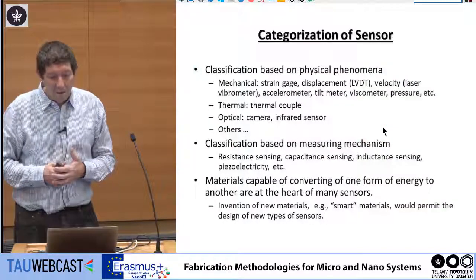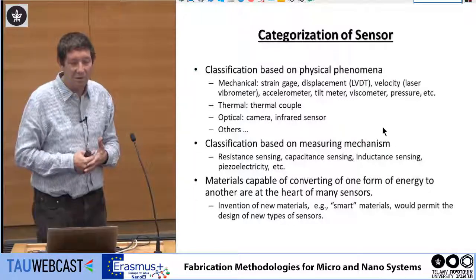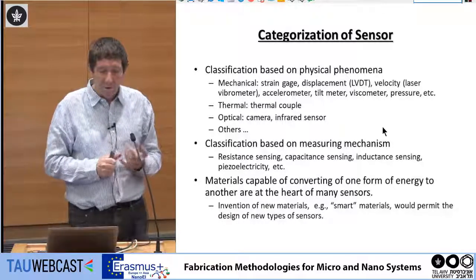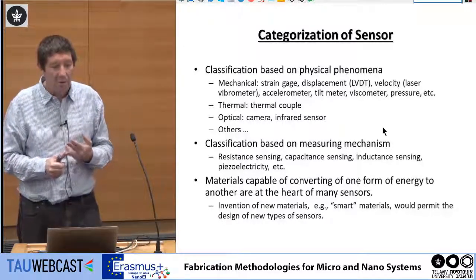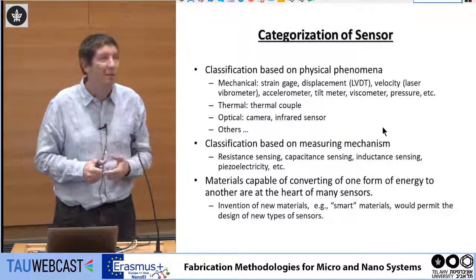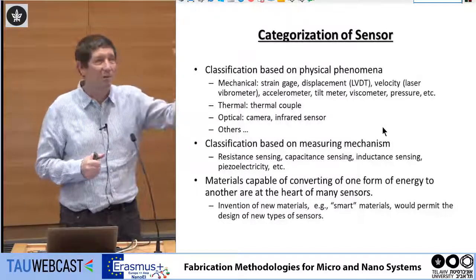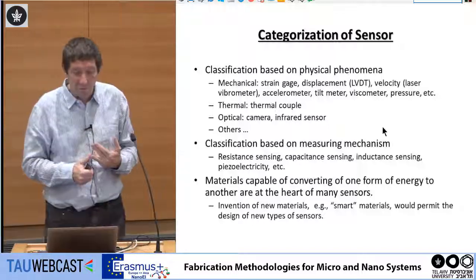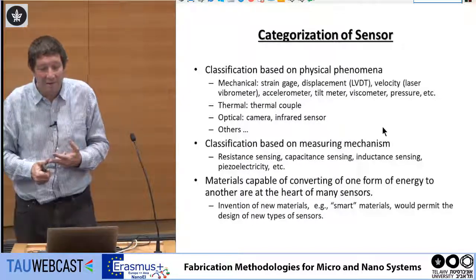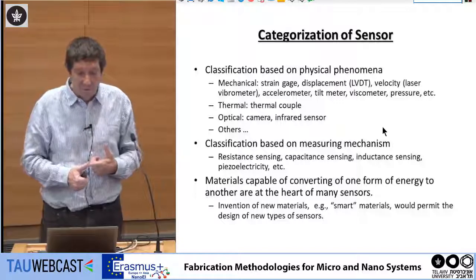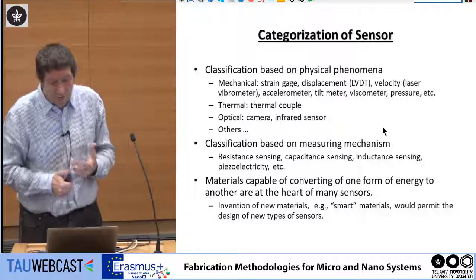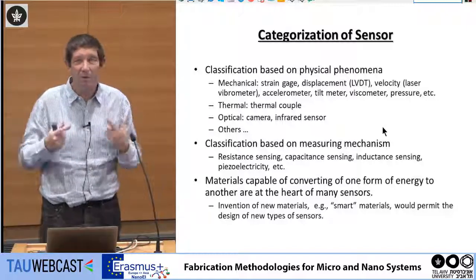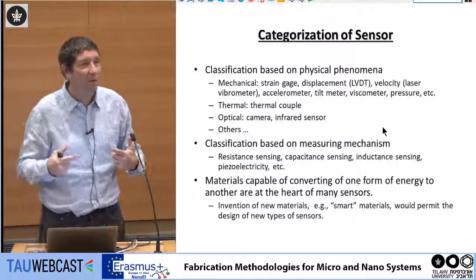Another classification of sensors is based on the physical phenomena. For example, we talk about mechanical, thermal, optical, and others, like nuclear. In mechanical, you can measure, for example, strain, displacement, velocity, acceleration with accelerometers, tilt, viscosity with viscometers, etc. If you notice, I don't mention here how I measure it.